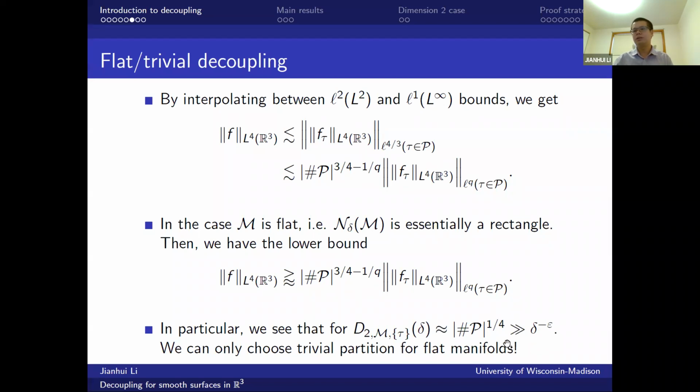And this is not something we want, right? So only this kind of trivial partition happens for flat manifolds. So that's very important to keep in mind. Which means that to decouple the manifold, if you want to consider little L2, the only thing you can do is to decouple up to all these flat pieces.